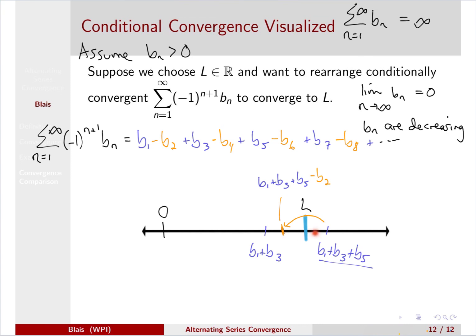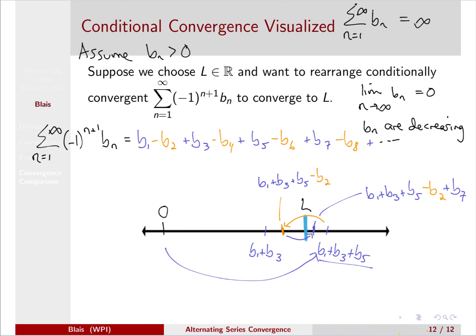But now we want to jump back over L, and so we add the next positive term. So this was our first step. And to jump back over, maybe we need to add b7. And so this value here is b1 plus b3 plus b5 minus b2 plus b7.